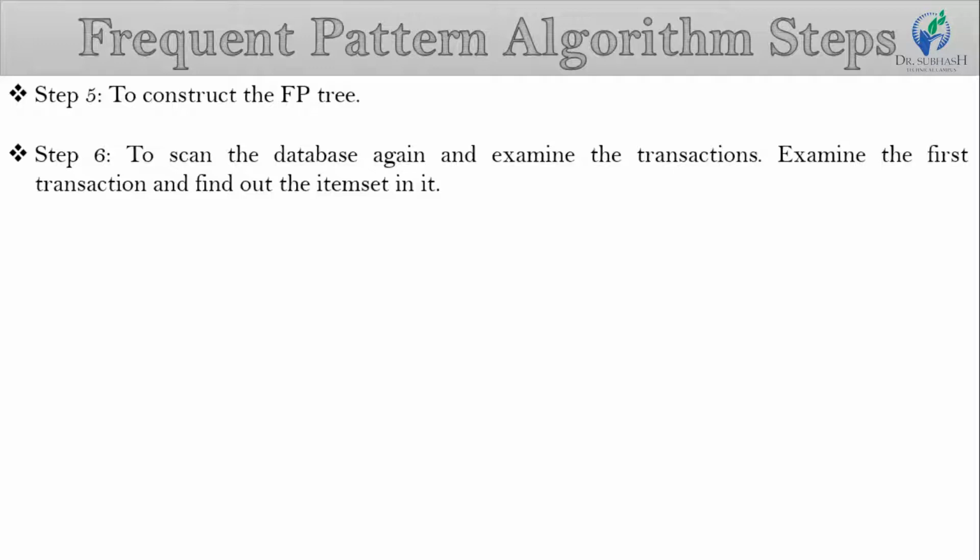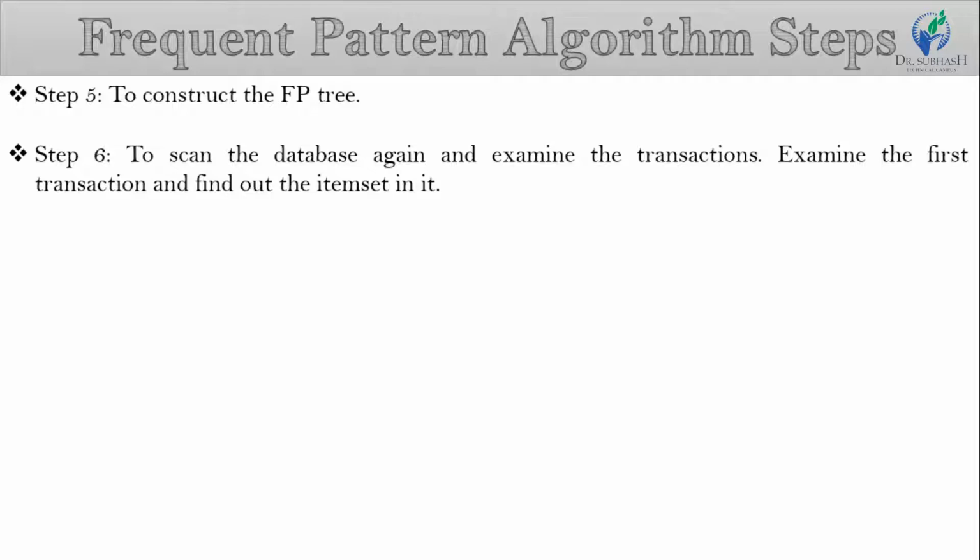It means that a branch of the tree is constructed with the transaction's item sets in descending order of count. Then the next transaction in the database is examined. The item sets are ordered in descending order of count.